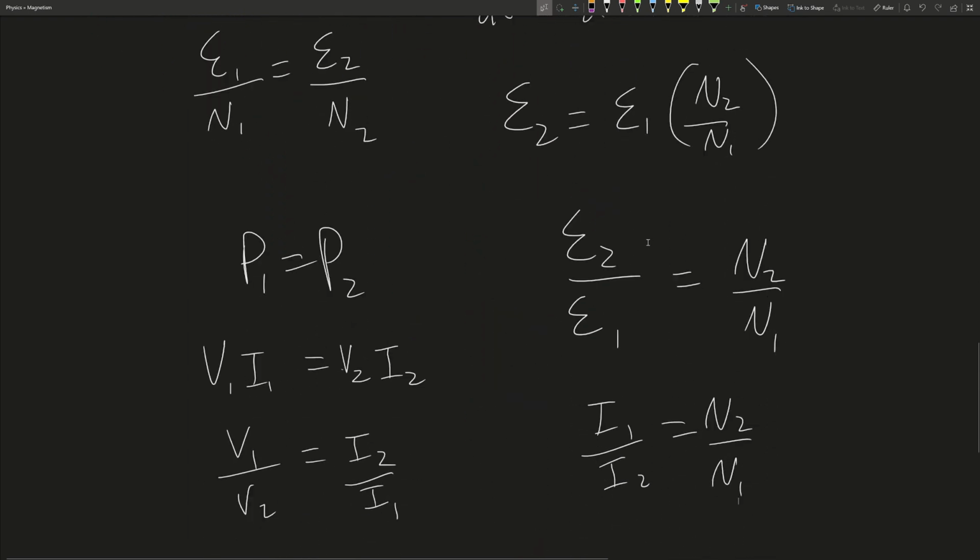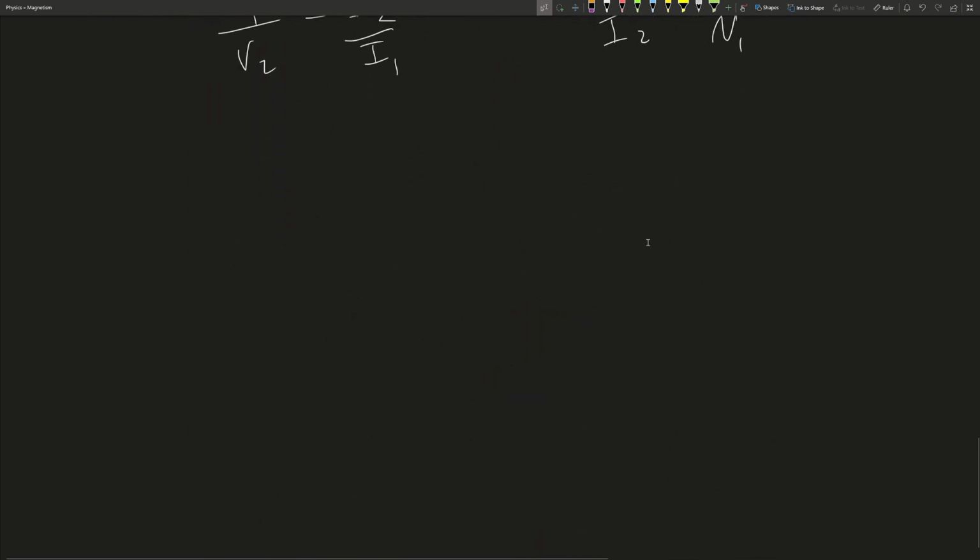Okay, so let's go through one more example, and this is going to be motional EMF, or what happens when you move a conductor through a magnetic field. So let's just say you have this U-shaped frame.